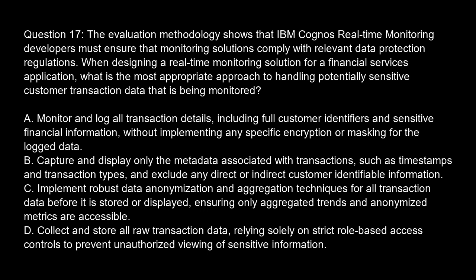Option C. Implement robust data anonymization and aggregation techniques for all transaction data before it is stored or displayed, ensuring only aggregated trends and anonymized metrics are accessible. Option D. Collect and store all raw transaction data, relying solely on strict role-based access controls to prevent unauthorized viewing of sensitive information.